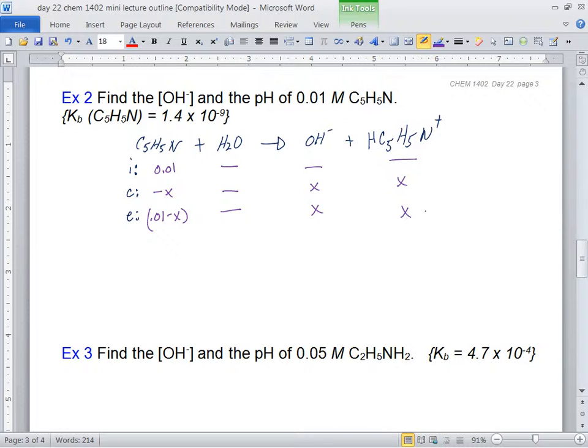You agree? Okay, so what'd you do with those numbers then? What'd you do with that ice table? Okay, so the KB was 1.4 times 10 to the negative 9. So that means you made it equal to what over what? X squared over the 0.01. Yeah.